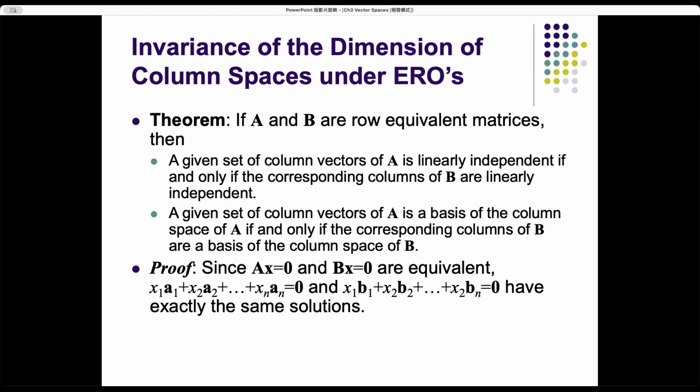And a given set of column vectors of A is a basis of the column space of A if and only if the corresponding columns of B are a basis of the column space of B. Now we are talking about the connections between row equivalent matrices and the column space.